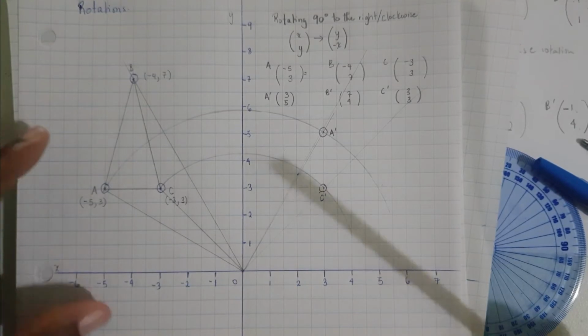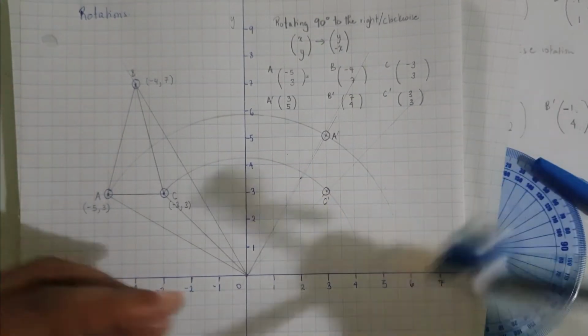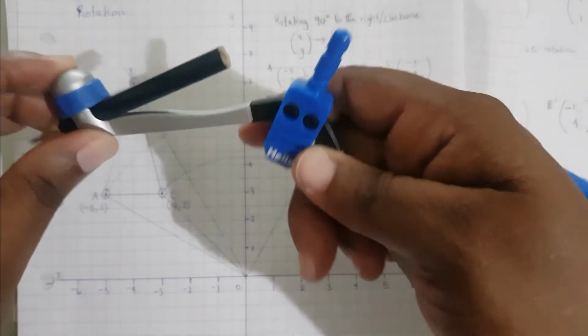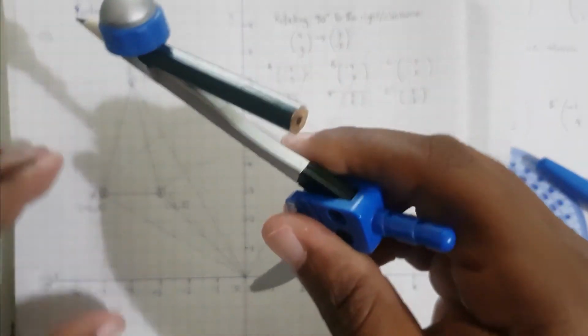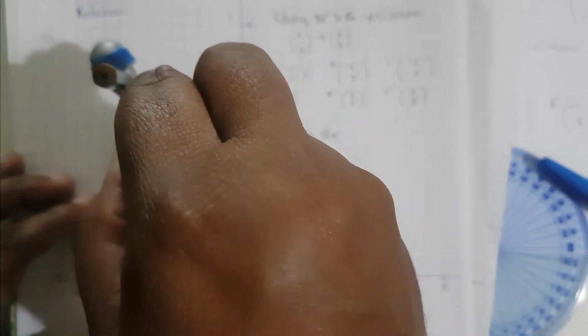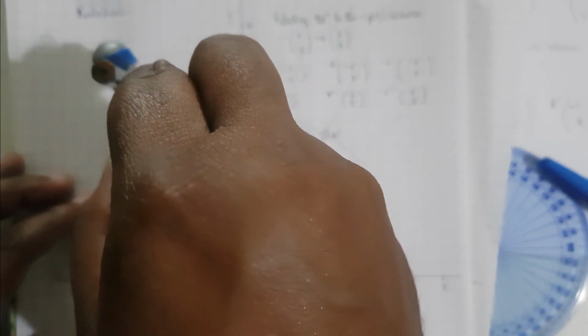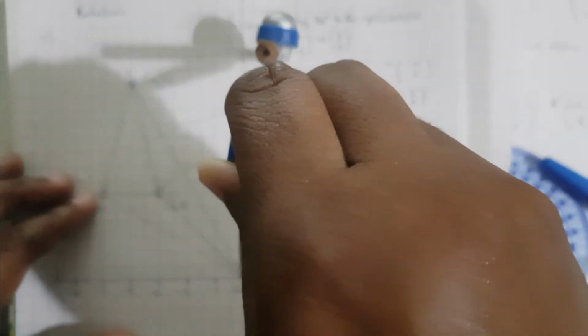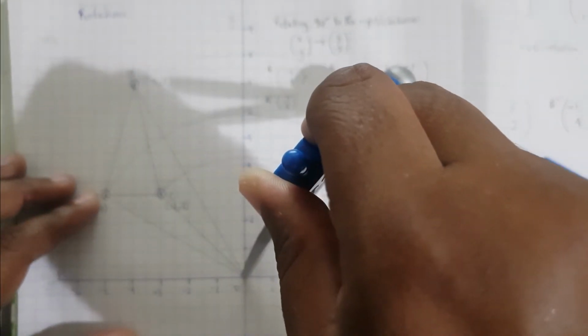And now what I'm gonna do, I have to open my compass. All right, so if I put this point right here, good, I could make an arc coming right around.